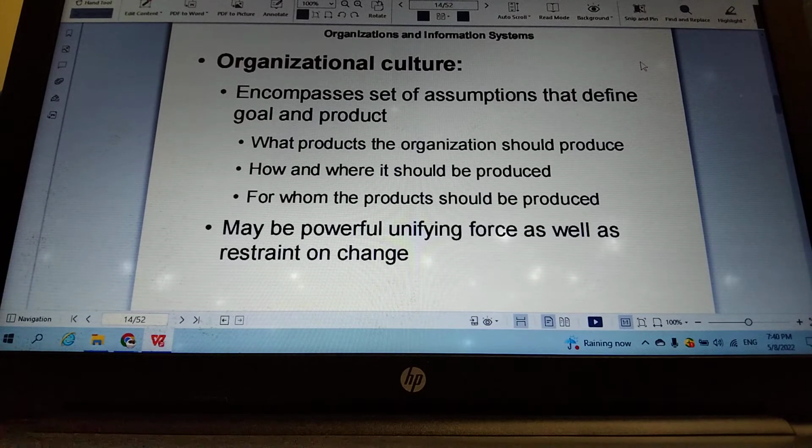So there will be some powerful unifying force against the change. Nobody likes change, but sometimes we have no choice. We have to make changes.